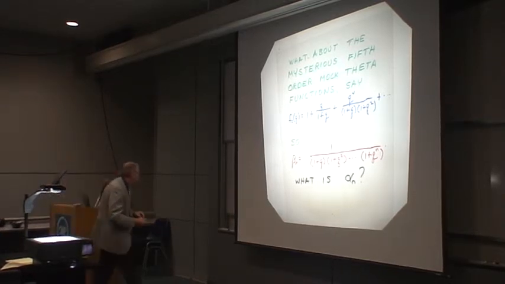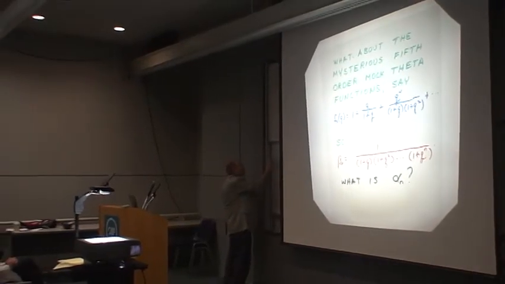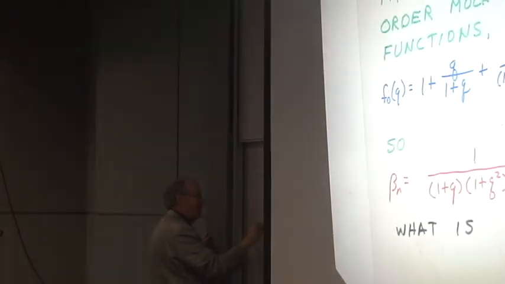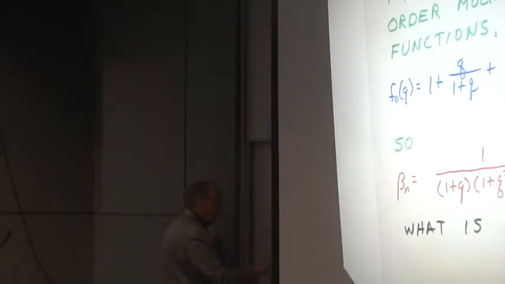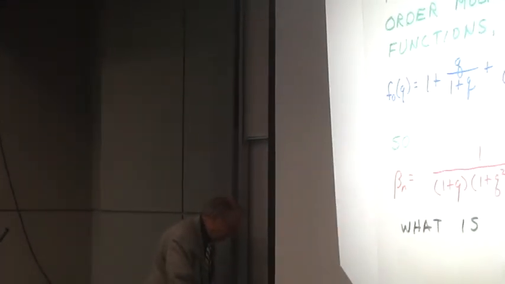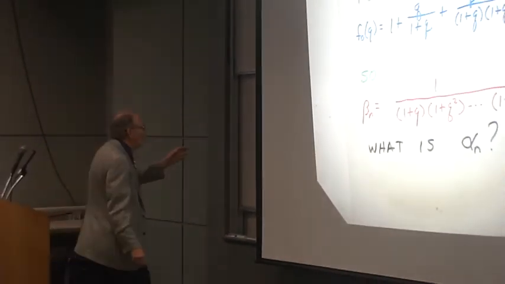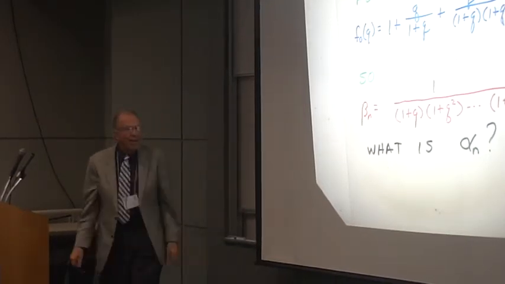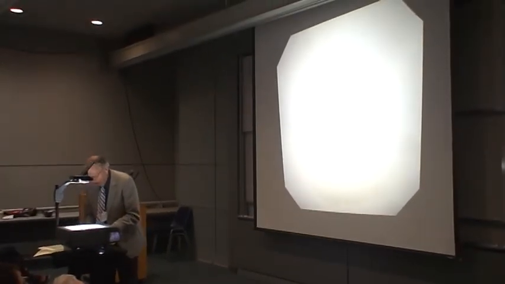I probably should just put it on the screen here, so I hope people can see this, but basically you have the summation of beta n q to the n squared equal to the summation of alpha n q to the n squared divided by this q infinity. And this I will be referring to often. And so in that particular series in blue, what you want is the beta n that you see there in red. If you can find out what the alpha n is, then you might be able to say something important about the Mock theta function.